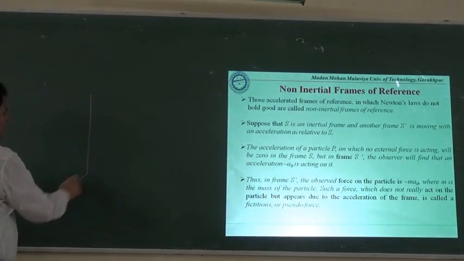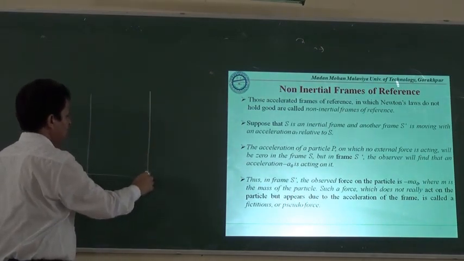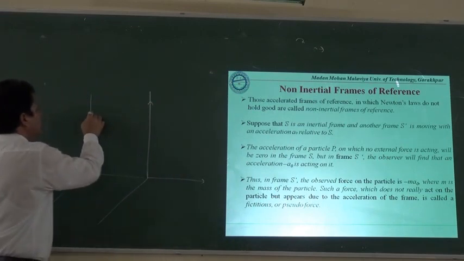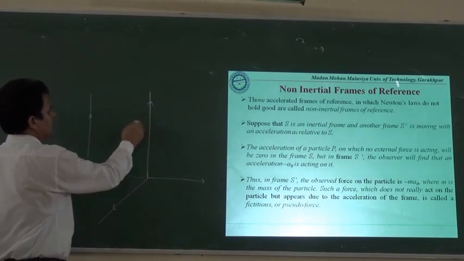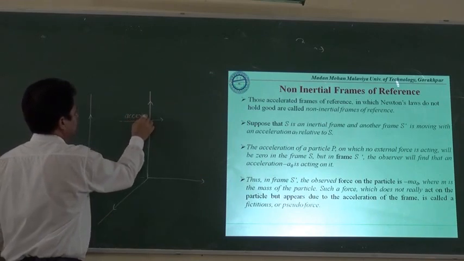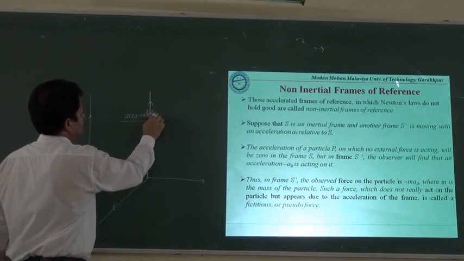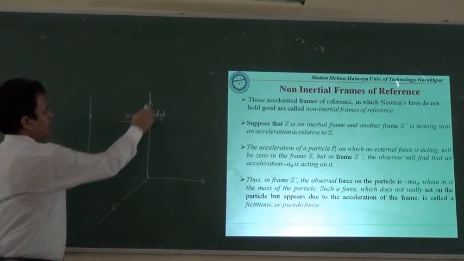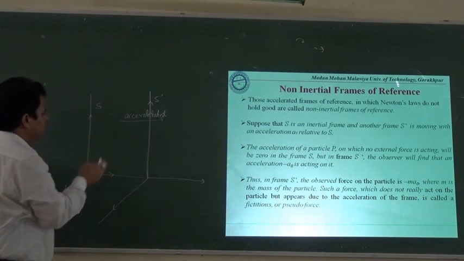For that, let us take these two frames of reference, similar to the earlier case we discussed, but the difference is that this one is moving with accelerated motion. This S' is moving with accelerated speed.